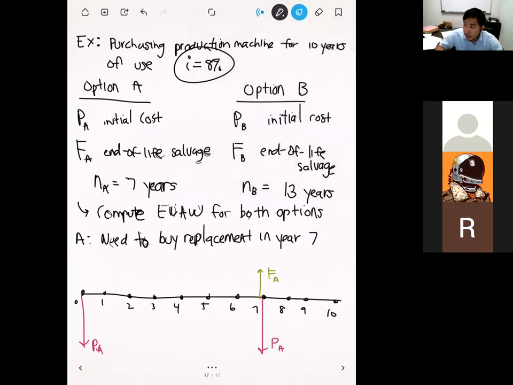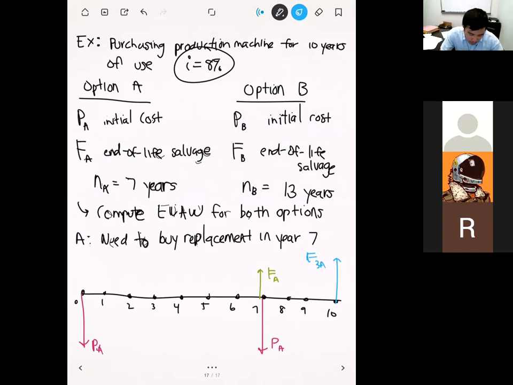And then at the end, we're going to salvage the second purchase that we did, but at a time that's not end of life, and so we don't know what that is. We have another salvage value here, different than the end of life salvage value, and I'm just going to label it as F3A.